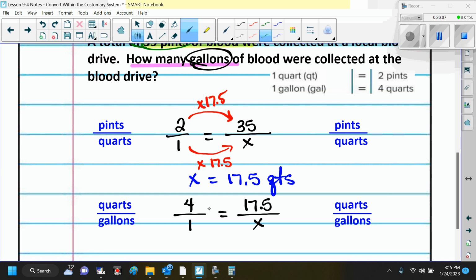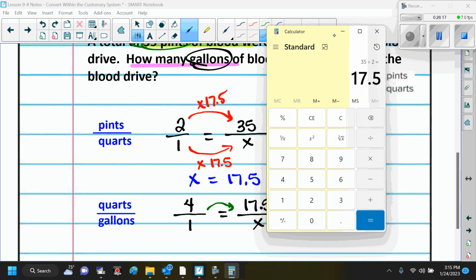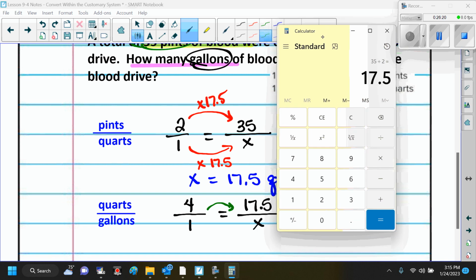So, what am I going to multiply to get from 4 to 17.5? First, we have to do that division. Very good. So, we got 17.5 divided by 4, and that gives us 4.375. Is everybody with me?